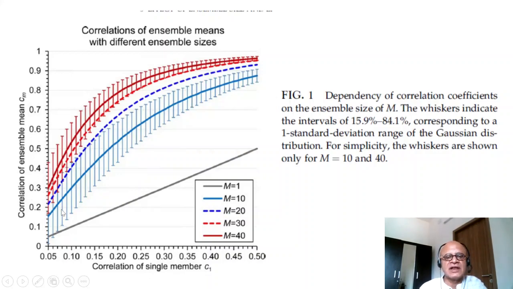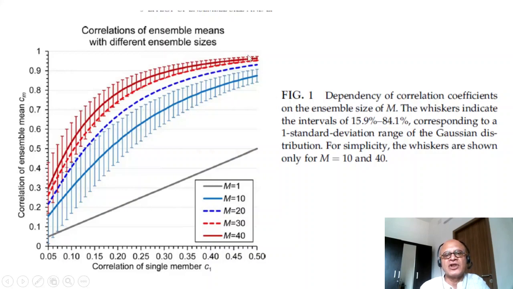So you can see the correlation of the ensemble mean versus single member. There is the single member, which drops off much more rapidly, but as you increase the ensemble sizes to 10, 20, 30, and 40, you can see that the correlation of the ensemble member in this idealized skill metric goes up, but it saturates, both in terms of correlation.